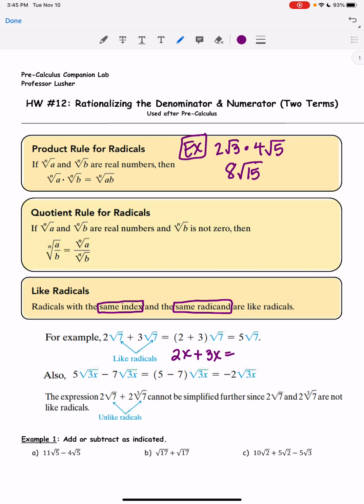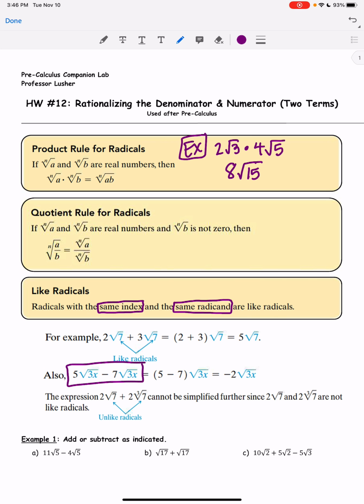And they're like terms because they're the same variable, and their exponent is a 1. So you add the number in front, 2 plus 3 to get 5, and then it just stays an x. It doesn't become an x squared, right? That like term carries over with you.